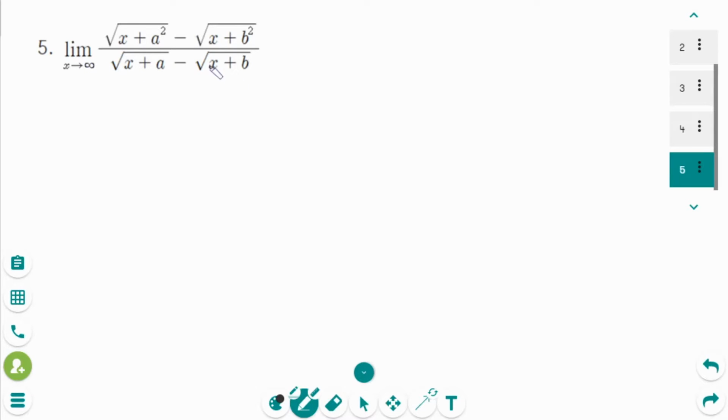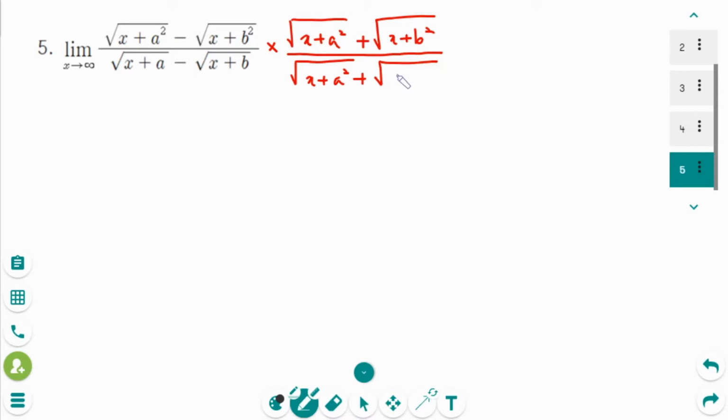This is the next question. We need to find the conjugate for the numerator and the denominator. So times the conjugate for the numerator, and the conjugate for the denominator.